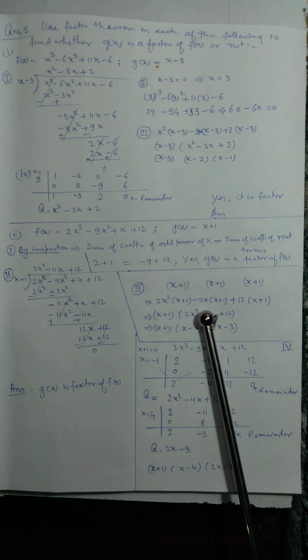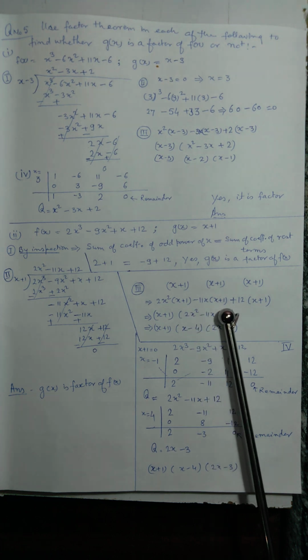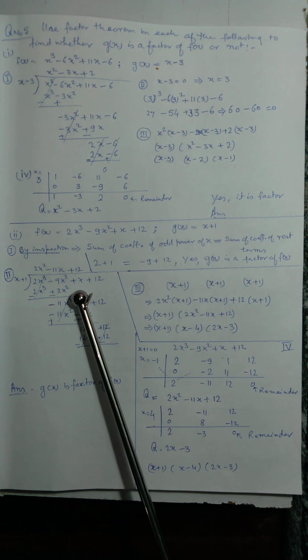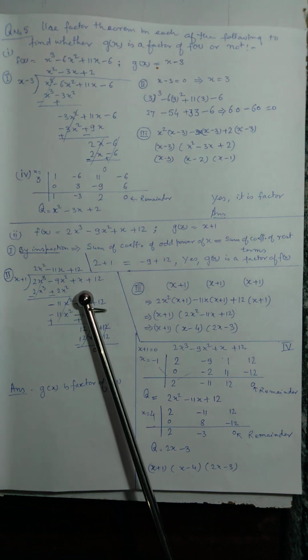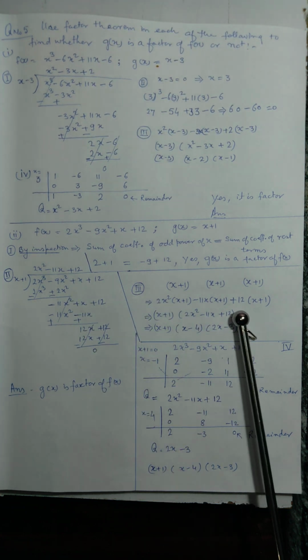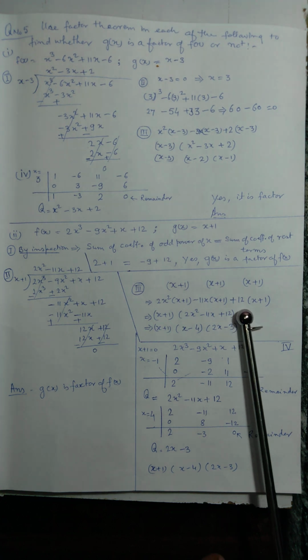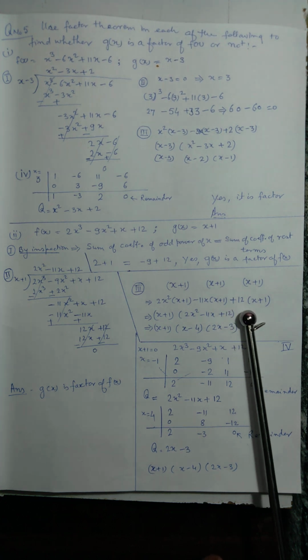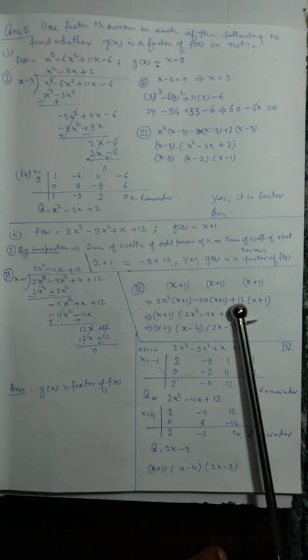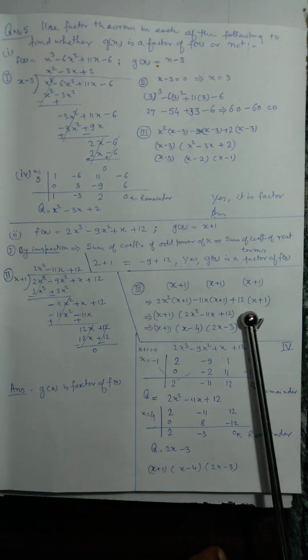Now minus 11x will be multiplied by 1. So you will get minus 11x, but there is only x in the given expression. So in order to neutralize this 11x so that you can get only x, multiply this bracket by plus 12.